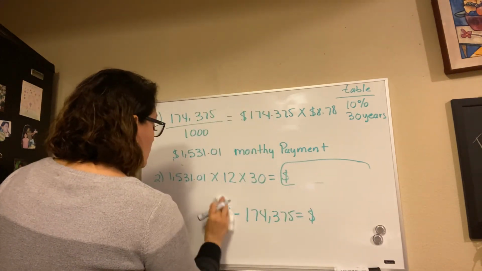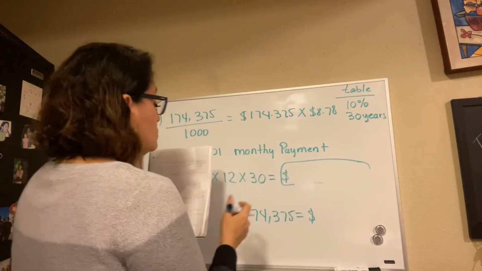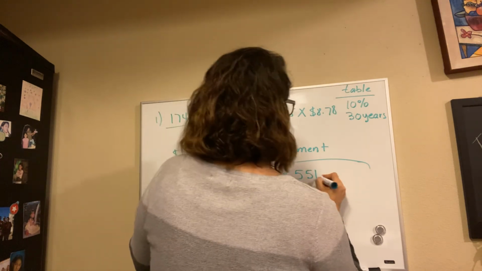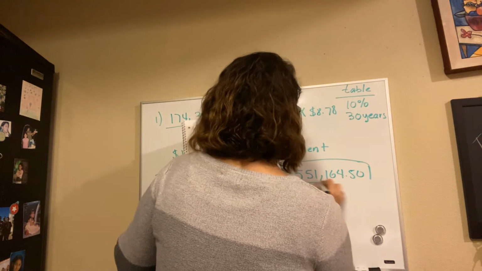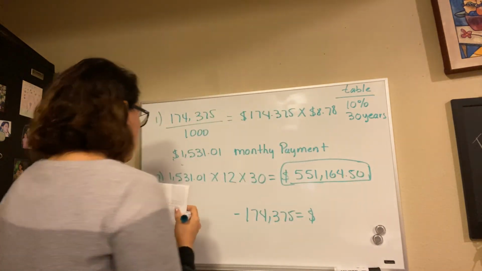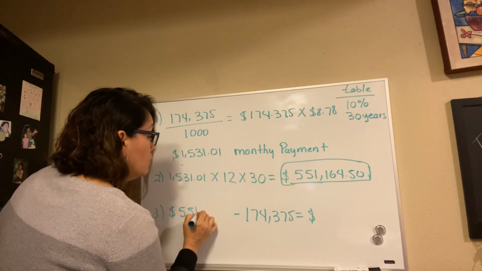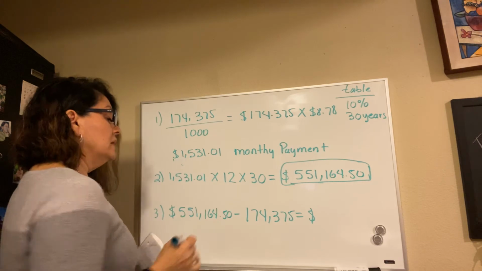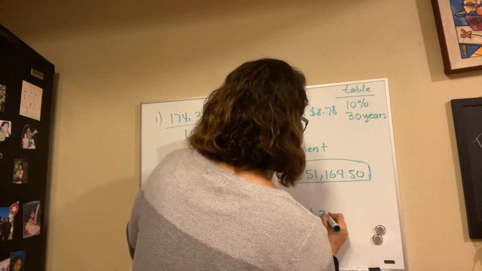Oh, that's not true. I'm so sorry, guys, but I'm new at this thing. So this is the amount, I'm sorry for my math, 164.50. That is the amount they ended up paying. So this one is 551,164.50 minus the amount that I was giving to you that I lied about.